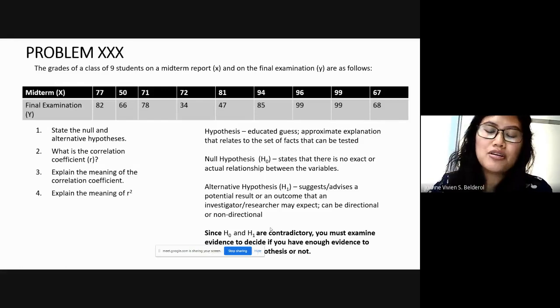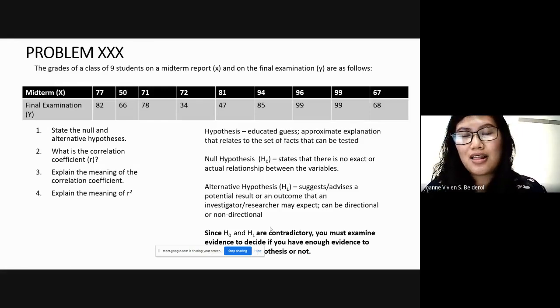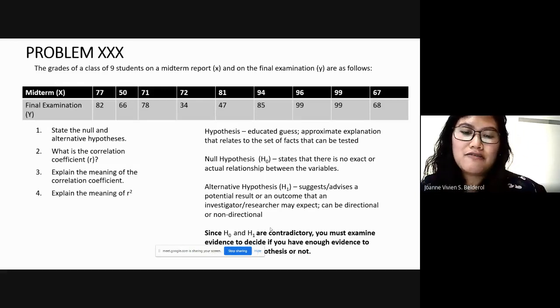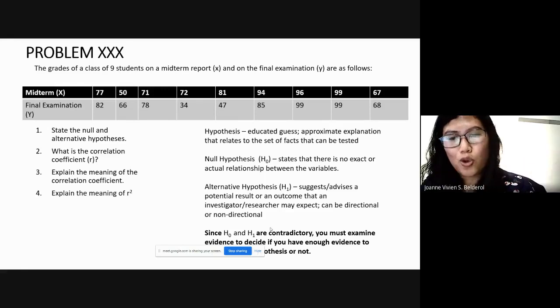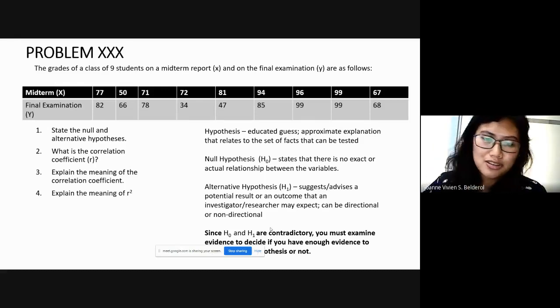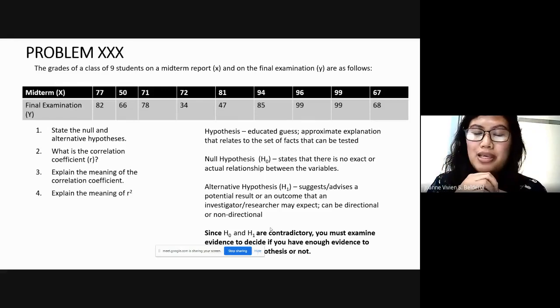So the null hypothesis always says there's no relationship between the variables. Whereas the alternative hypothesis is the opposite of your null hypothesis: if null says no, alternative says there is. Your alternative hypothesis suggests a potential result or outcome that an investigator or researcher may expect.